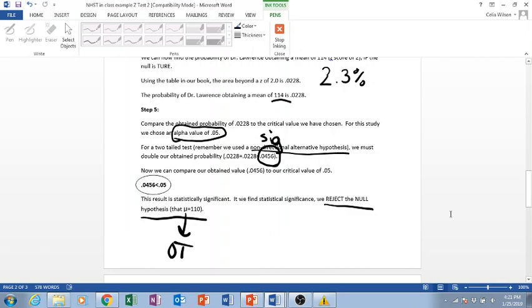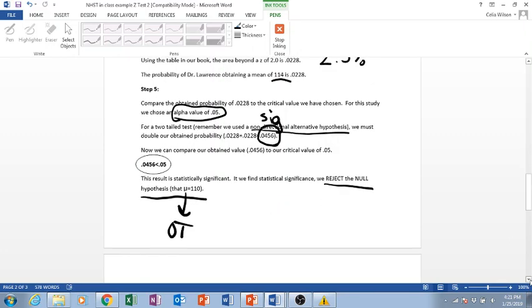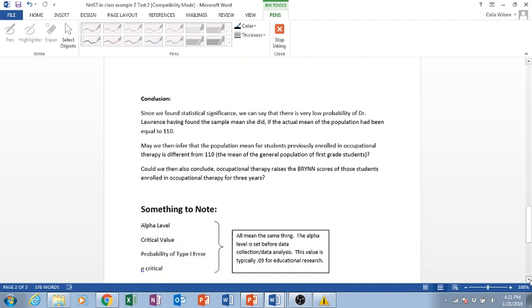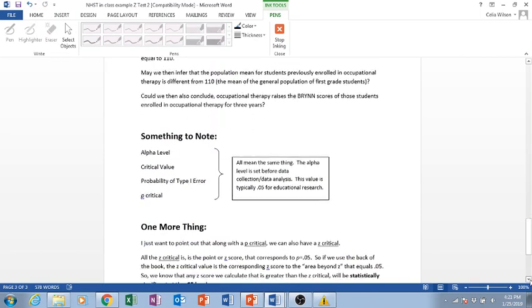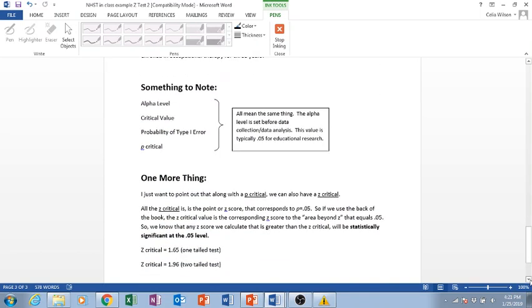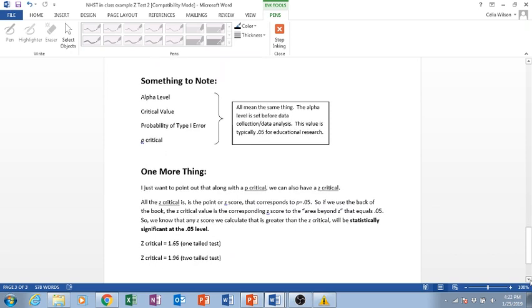All right, let me scroll down for a second. And I wrote some conclusions there, and what I want you to note here is that, very confusingly, I'm sorry, but that 0.05, that critical value or that comparison value we're using, has a bunch of names. I don't know why they couldn't just all be consistent.